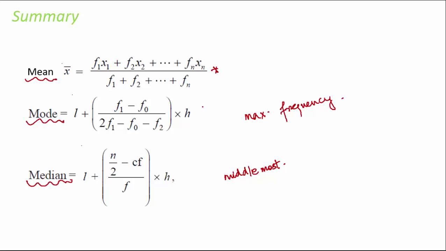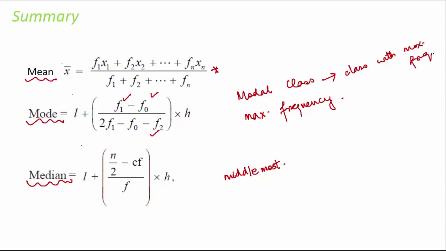If you look at the formula for mode, you see a lot of things here. For example, what are F1, F0, F2? F1 is the frequency of the modal class. Now you may ask, what is a modal class? Whenever we have to calculate mode, we first need to identify the modal class. It is basically the class with maximum frequency.